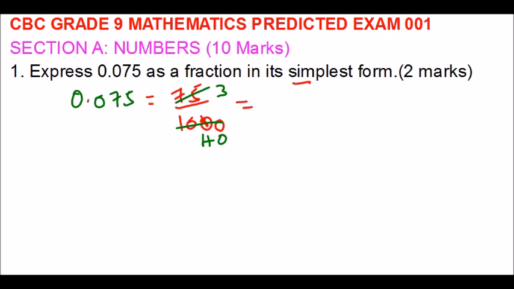Here you get 15, and for 1,000 by 5 you get 200. Then you divide by 5 again, you get 3, and you divide 200 by 5, you get 40. So the final answer here is 3 over 40. So you get 1 mark for that and 1 mark for that.